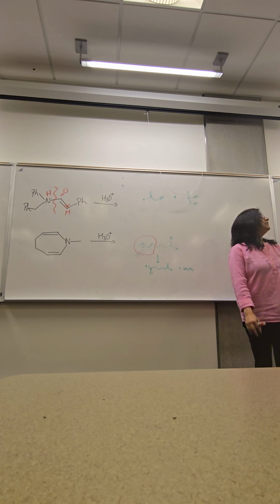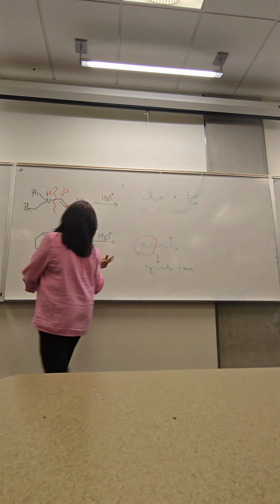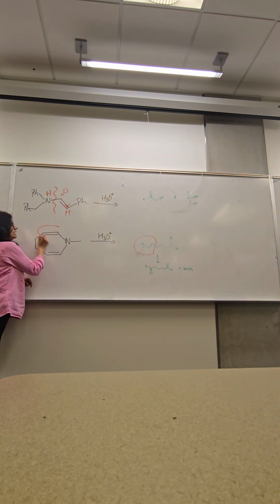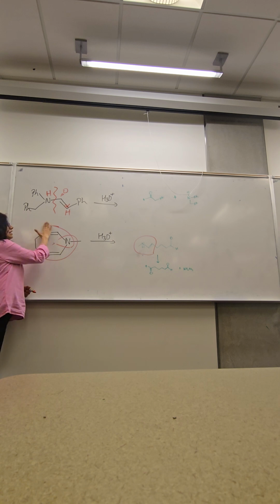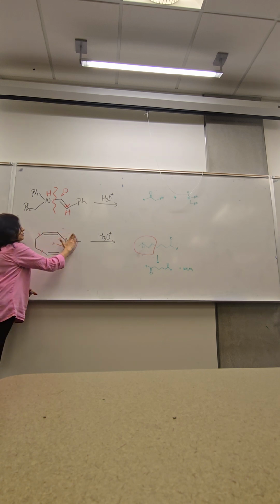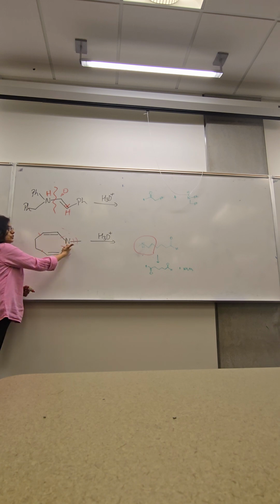But you're absolutely right. There are 2 enamines here. This is an enamine. Do you see that? But this is also an enamine. So this can hydrolyze twice. In both cases, hydrogens will go. Where will the hydrogens go?